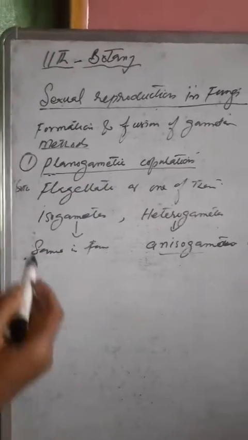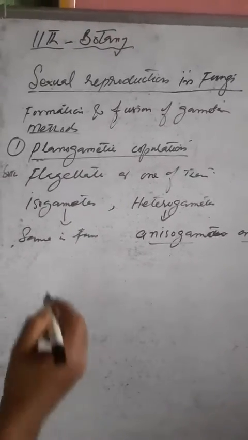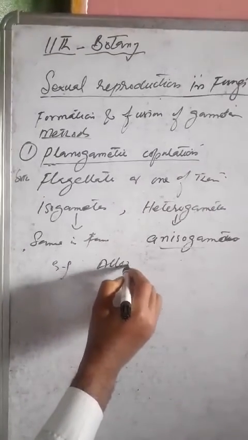This planogametic copulation takes place, for example, in Allomyces.